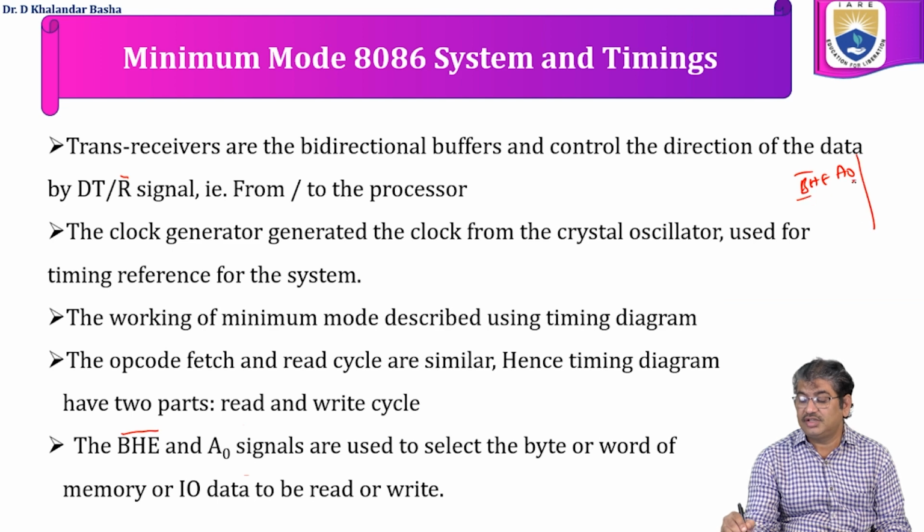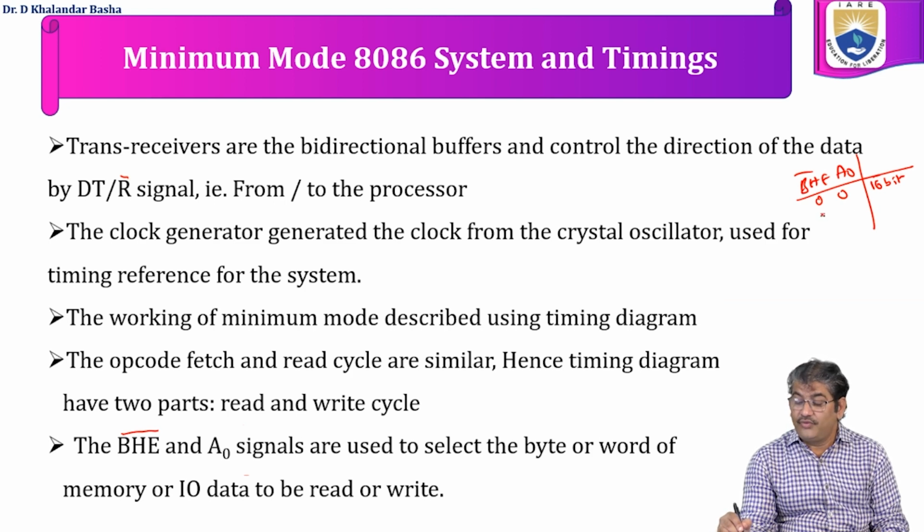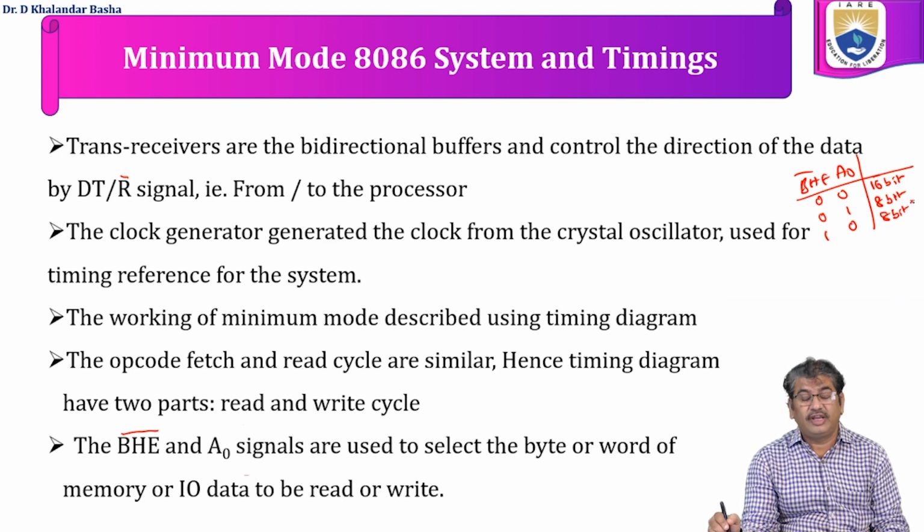When these two signals are 0, 0, then the data we are taking is 16-bit size. When BHE bar is equivalent to 0 and A0 is equivalent to 1, the size of the data is 8-bit, corresponding to the upper 8 bits. When it is 1, 0, it is also an 8-bit operation from the even address bank. 1, 1 is not used.